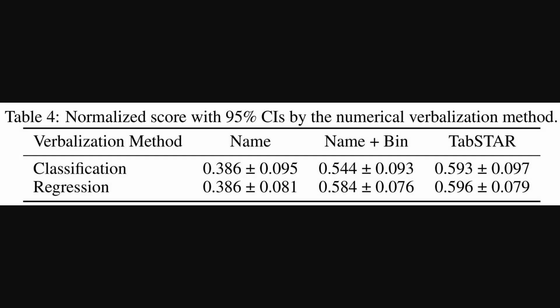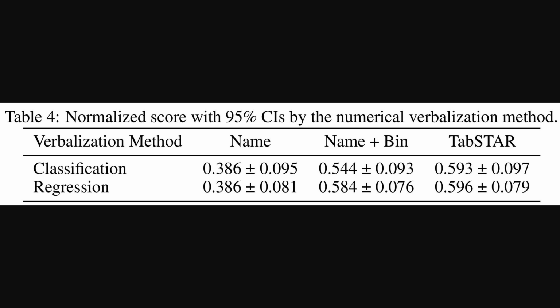Okay, so we've seen that more pre-training data is beneficial. This next table then details the impact of different numerical verbalization methods. Remember, verbalization is about turning all features, including numbers, into a text format. We're looking at normalized scores for classification and regression. The methods compared are just using the feature's name, using the name plus binning, which groups numerical values into ranges, and then the full TabSTAR approach.